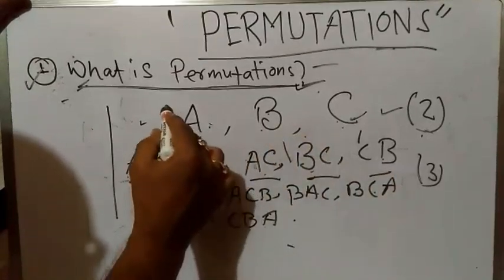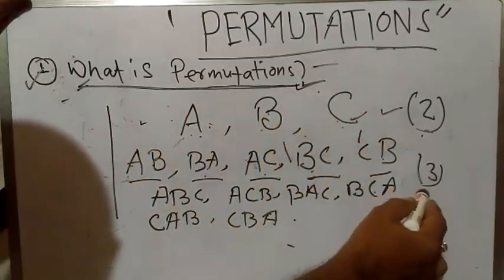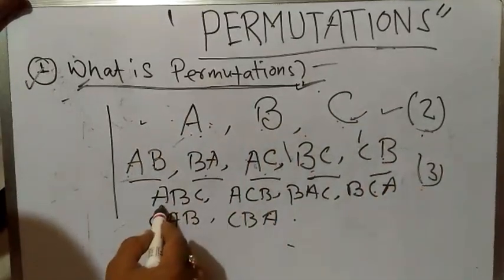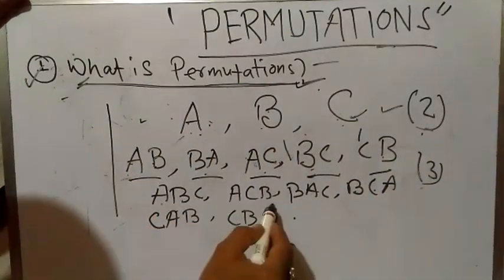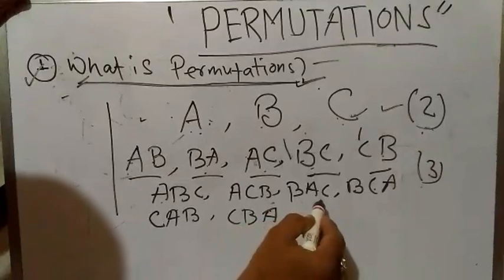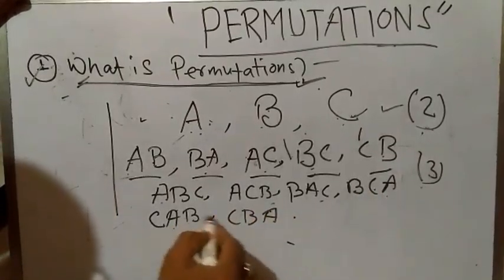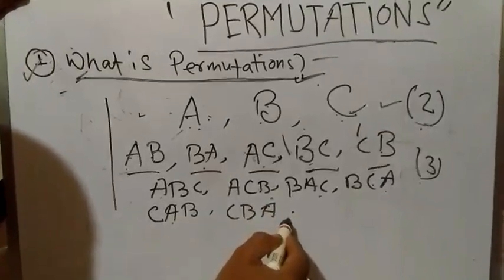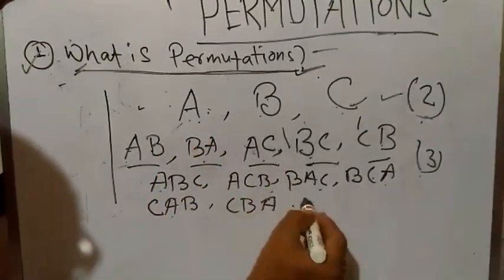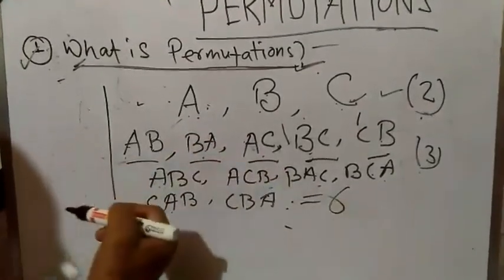Taking three at a time, we got ABC, ACB, BAC, BCA, CAB, CBA. Got it? Here the number of permutations is 6.